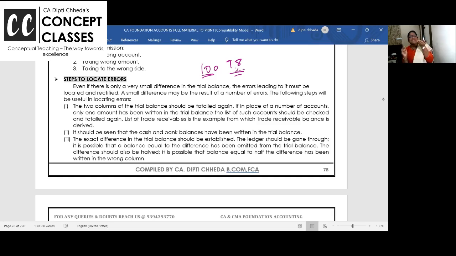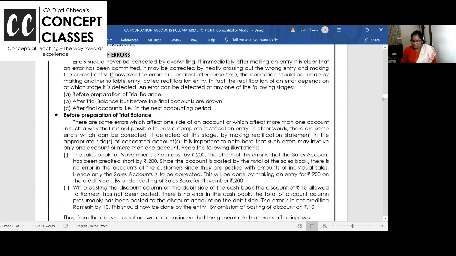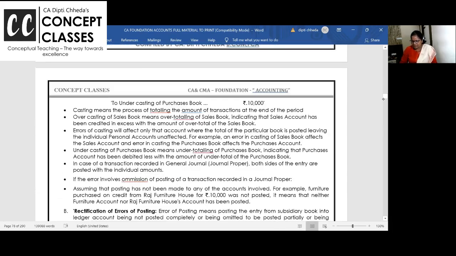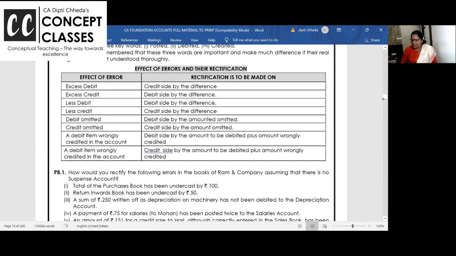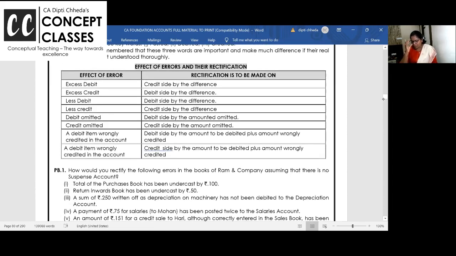Please remember this: debit side is 100, credit is 98, a small difference of 2 rupees. While you search, you will see there's an error of 80 and 78 rupees, but it got auto adjusted. I hope you are getting it. So errors, you need to locate them. Okay. Some more theory is there. I want to skip it and let us go on solving the problems.